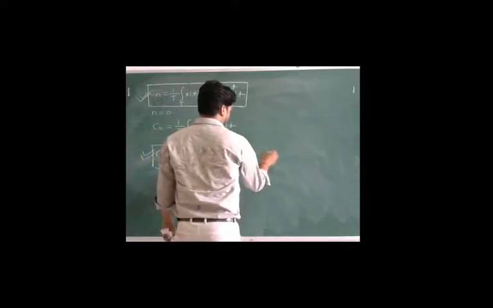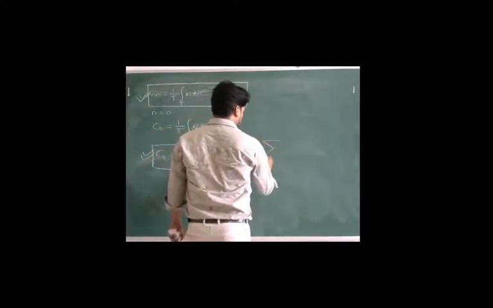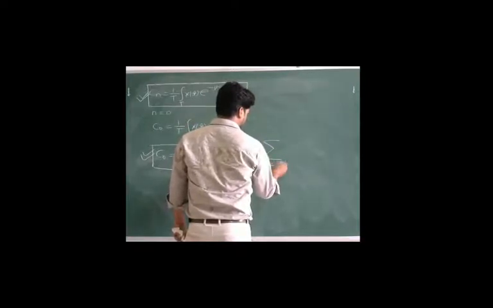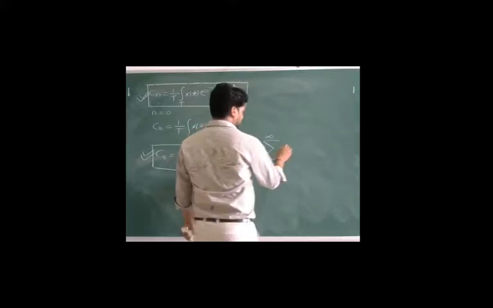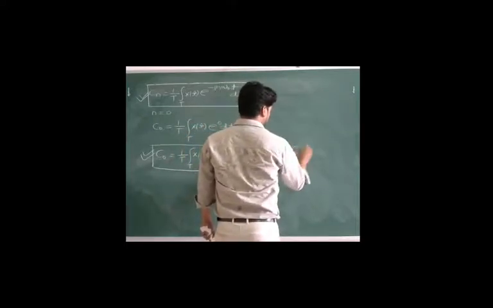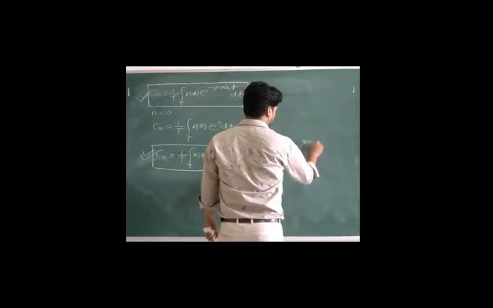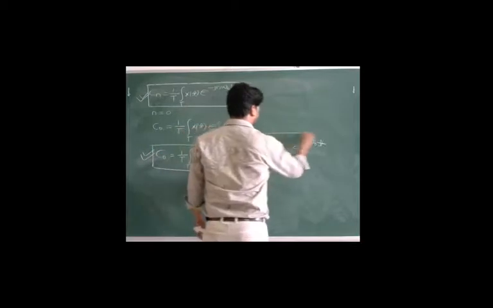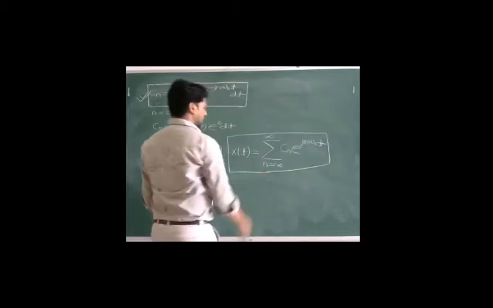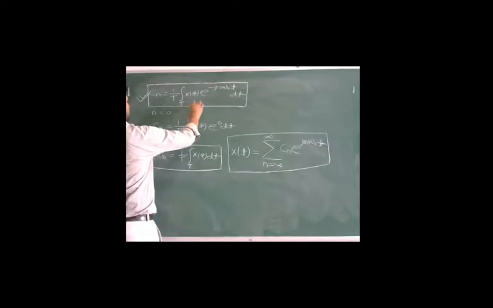Now, if C naught and Cn are known, we can write the Fourier series x(t) as x(t) is equal to the sigma, n from minus infinity to plus infinity, of Cn e to the power j n omega naught t, where the value of Cn can be expressed in this form.